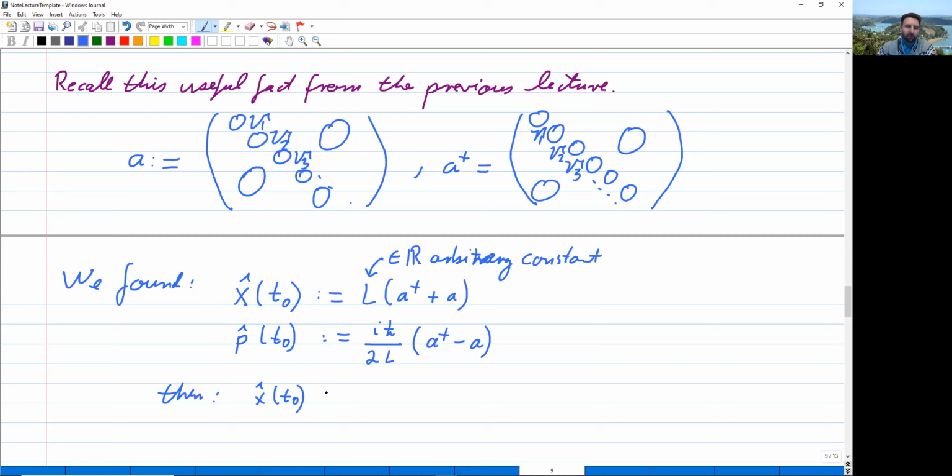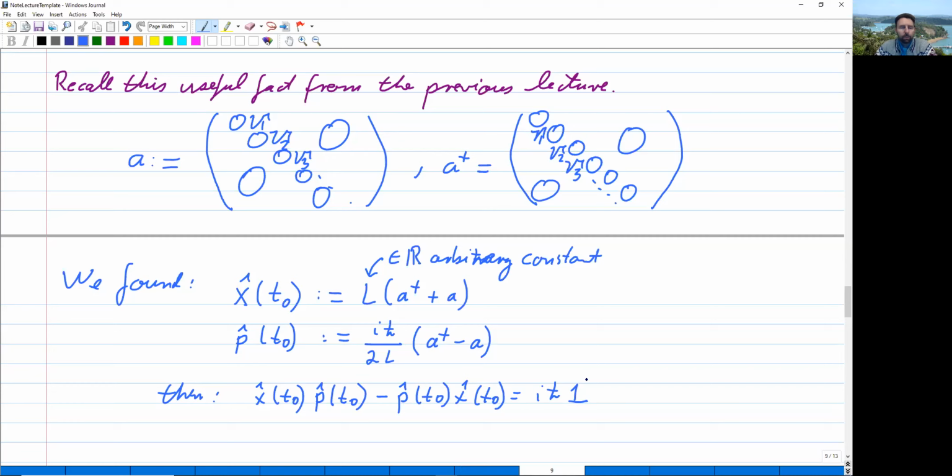I was claiming it to you and left it to you to prove it. But you will find it's true. We then find that this is true: the commutator equals i h bar, the identity matrix.